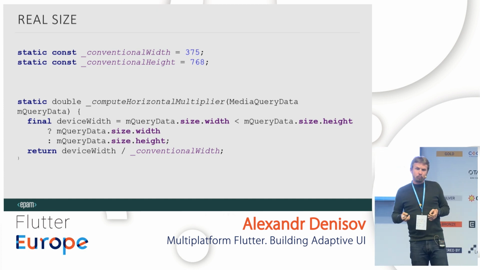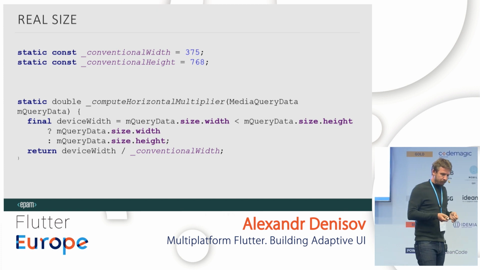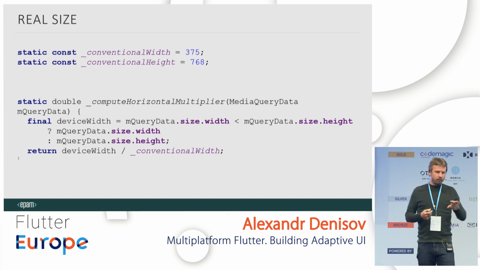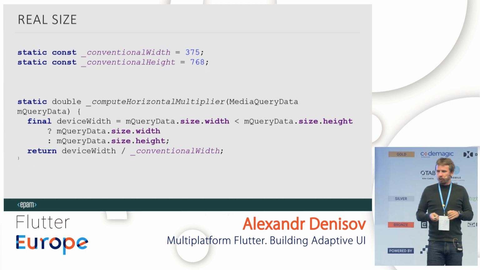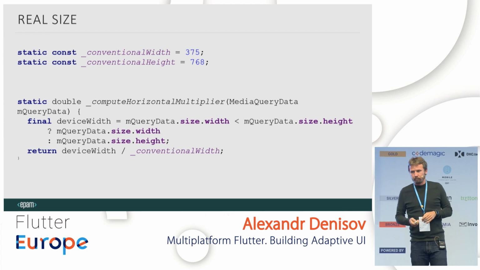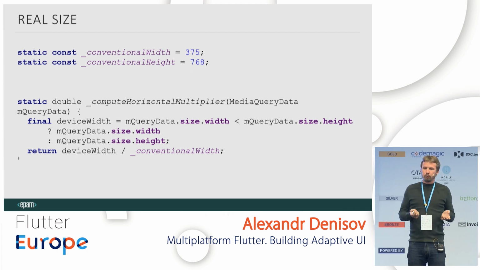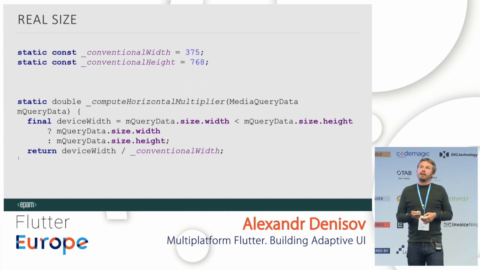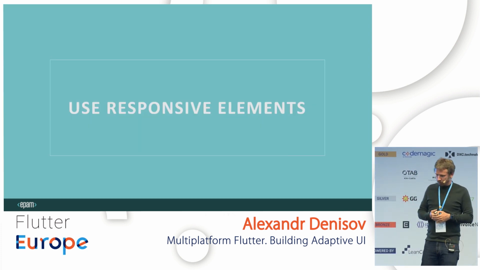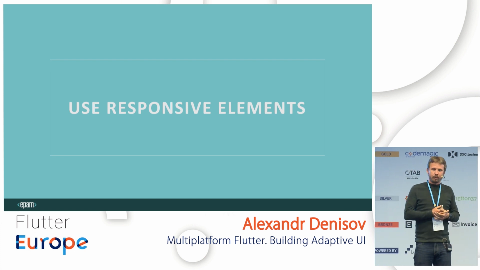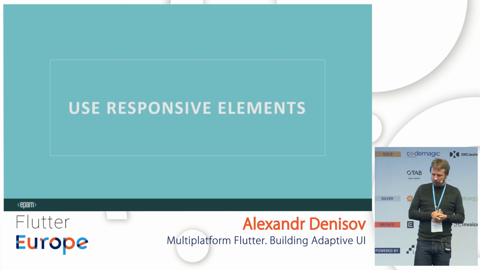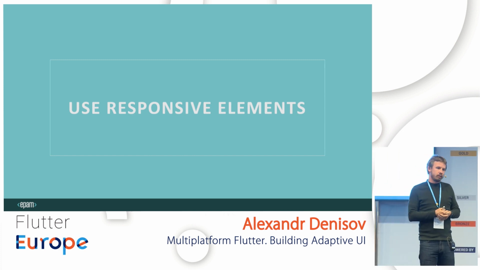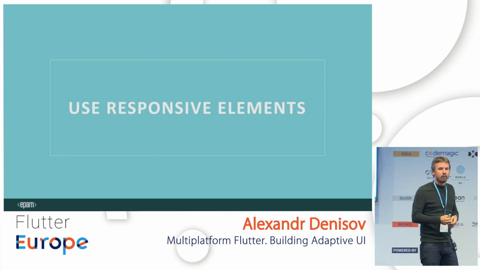Yes, sometimes we can use this pattern to calculate some relative size of something, but you shouldn't use it everywhere. But what should we do with the issue? This is the solution. It's necessary to use responsive elements for your UI. And I'll tell you about some layout widgets that can help you with it.